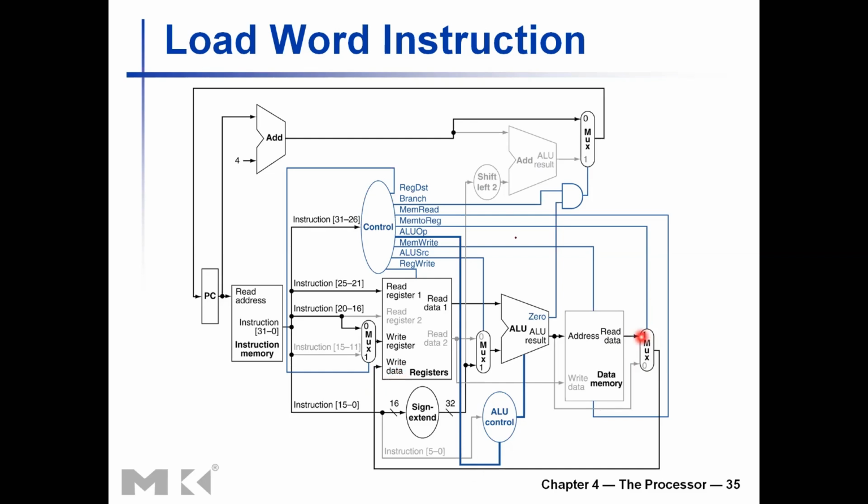Since we already set the memory read control signal to 0, we are not reading anything from the data memory. So what we will have in this input is some garbage value, right? We don't know what that value is. And that garbage value will be sent to the write data port in the register file. So what is the whole point of what we're trying to do there?